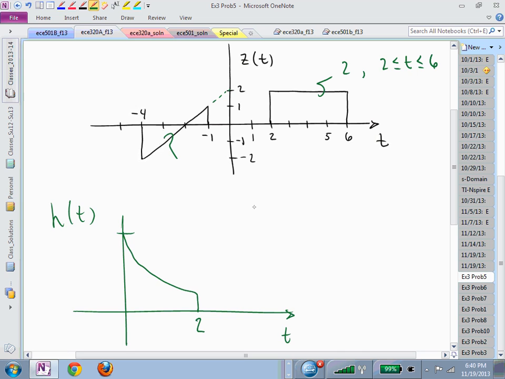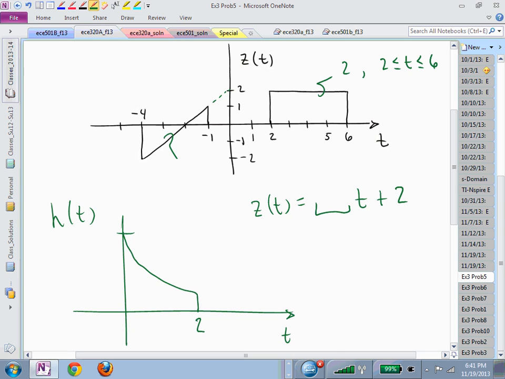So now I know that z of t is something t plus 2. Is that okay? So if I did put in t equals 0, and if it continued to move up in that same slope, it would be at 2. Is that okay?